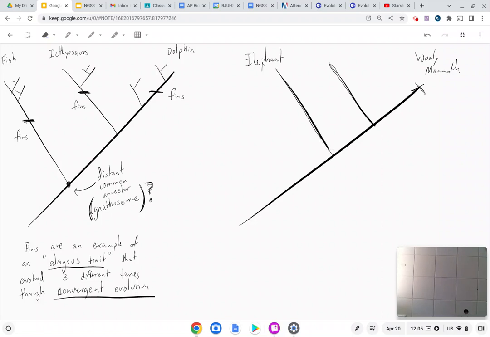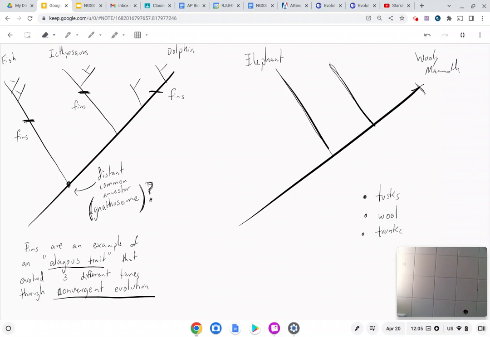It stops short. That's because it's extinct. But elephant still lives on. So if we were to put the following traits, I want you to think about this. Where would we put tusks on this tree? Where would we put wool on the tree? Where would we put trunks on the tree?